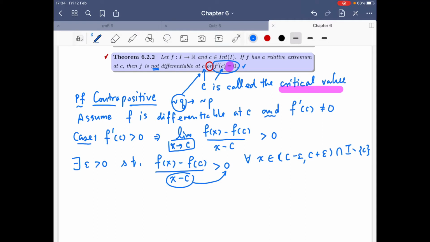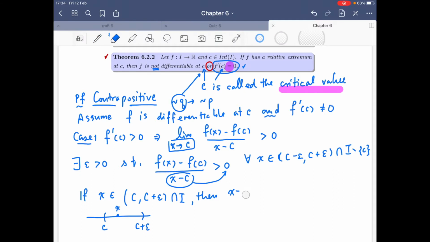So if x is inside the interval (c, c + epsilon), then what does this mean? Your c is right here, c + epsilon is right there, and x is a point on the right of c.